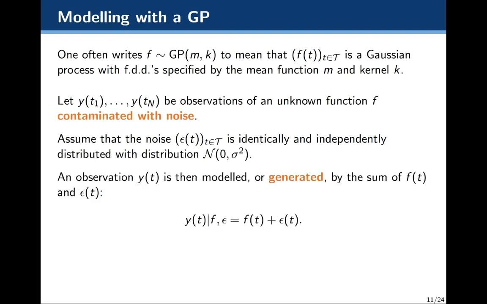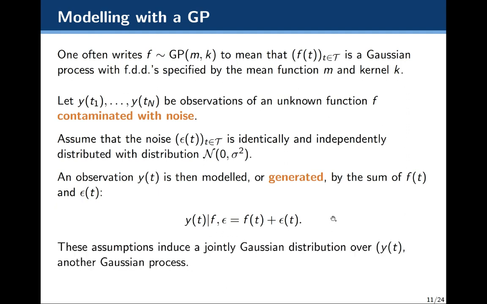In this case, the generative model, or the way that we say yt is generated, is by the sum of samples from our Gaussian process and samples from this noise process we put on top of that, which is written here. Of course, this defines another Gaussian process over y of t.